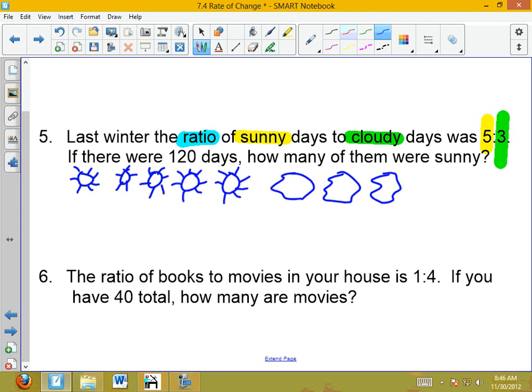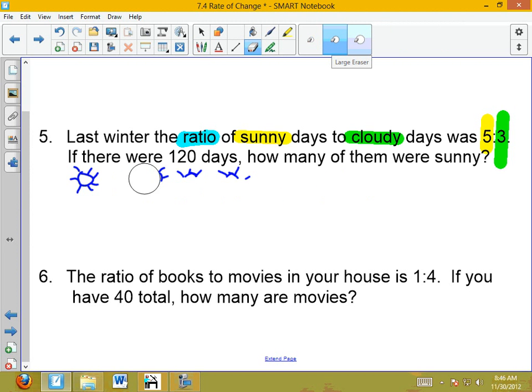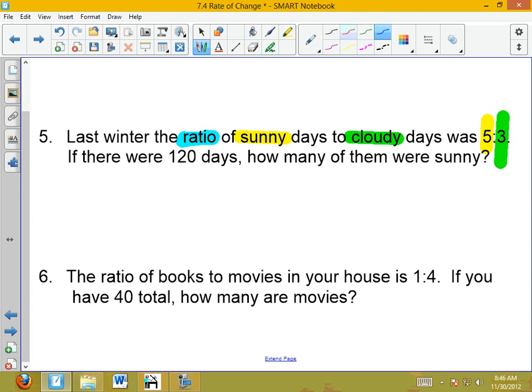So in an 8-day period, the average was 5 sunny days followed by 3 cloudy days. Okay? So, over 120 days, how many of them would be sunny if this ratio holds true? Well, we can't write that all out. I mean, we could write that all out and cover 120 days and count, but there's a better way to do it. It's called algebra.